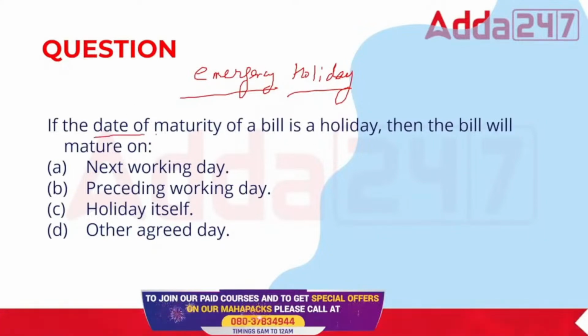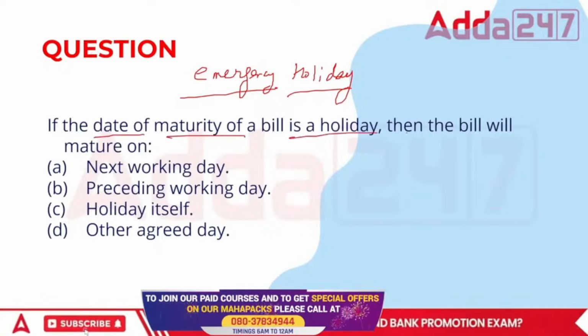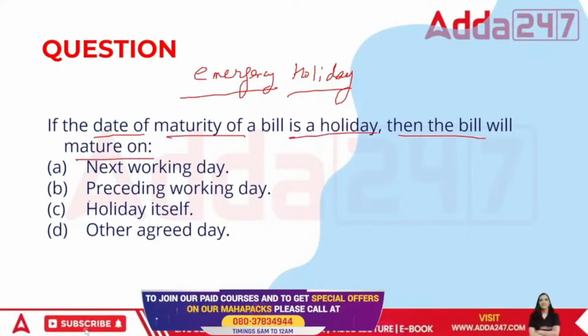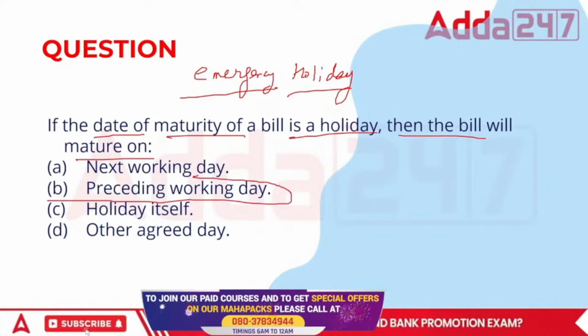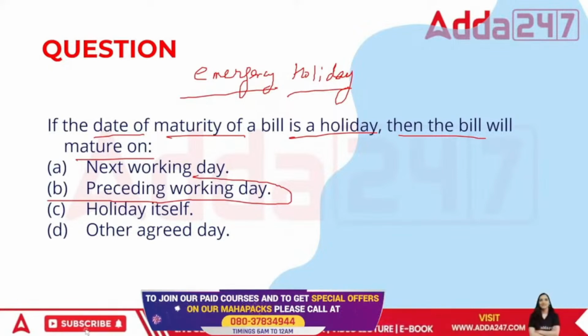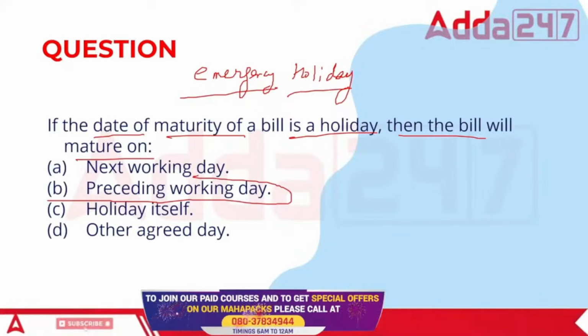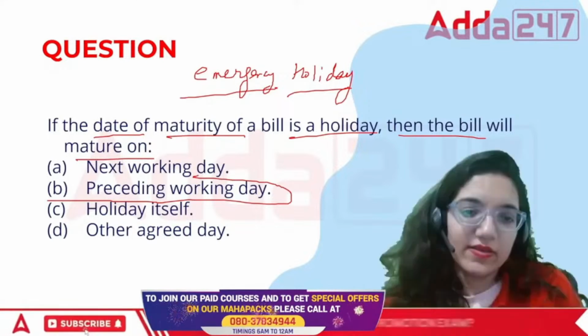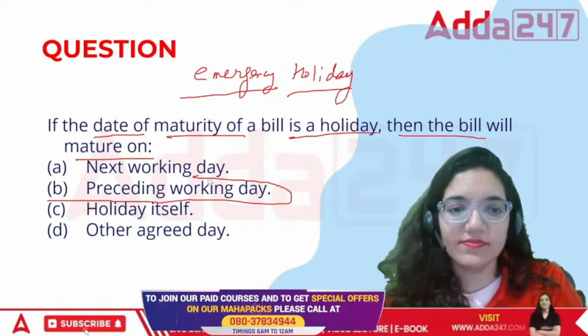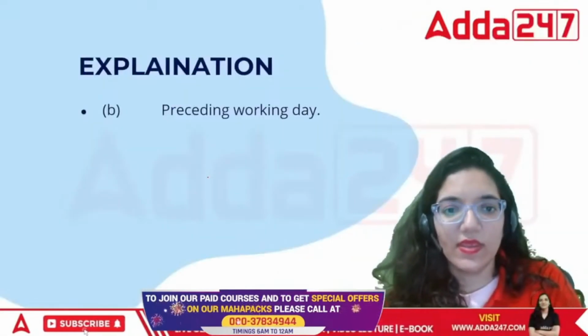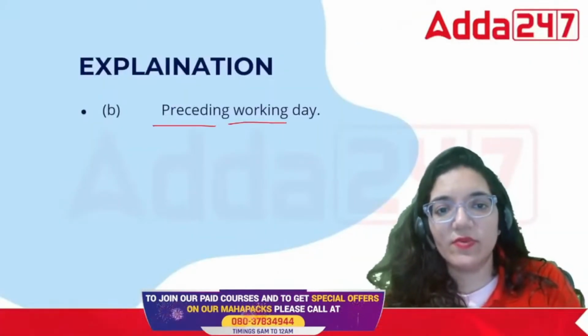So if the date of maturity of the bill is a holiday, then it will be maturing on the preceding working day. That's the rule. So it's going to be the preceding working day.